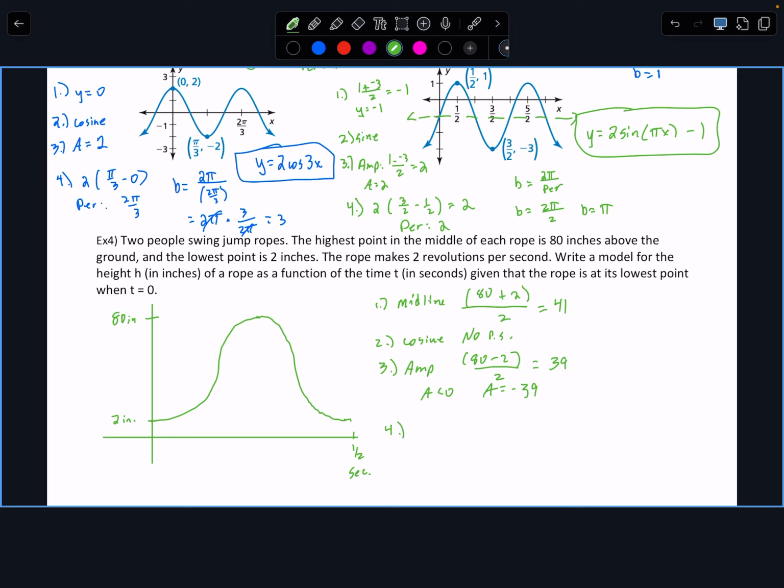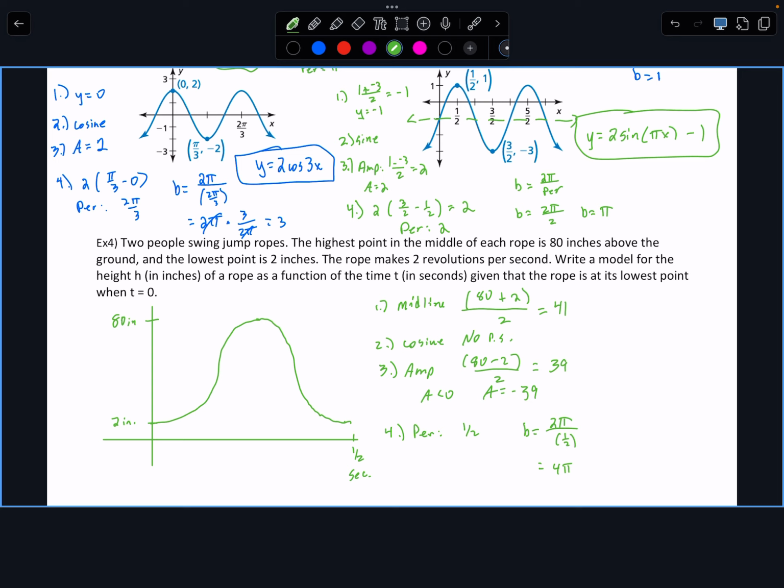And fourthly, the period when it gets through a full cycle is 1/2, a half a second. And so to find B, you take 2 pi and you divide it by its period. So B is 4 pi.